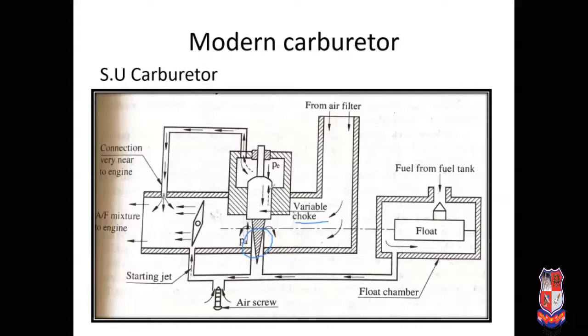The force applied on the variable choke is force equal to pressure into area. We have two pressures, suction pressure and atmospheric pressure, so force equals (PA minus PE) into A. That much force is applied on the variable choke, so the variable choke moves in an upward or downward direction.